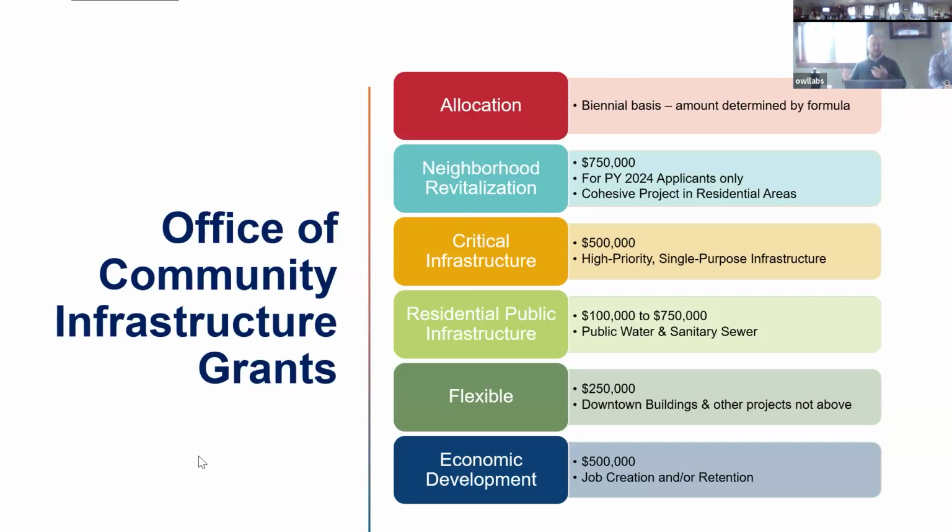It doesn't have to be, but it usually ends up being that way. We do have a tentative floor for that program of $100,000. We have a max cap on that program of $750,000. And for this program, we also do allow household connections to water sewer line.